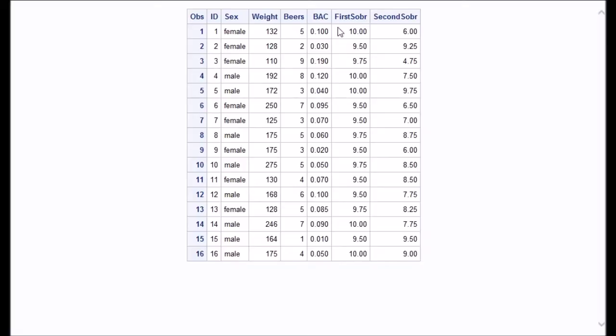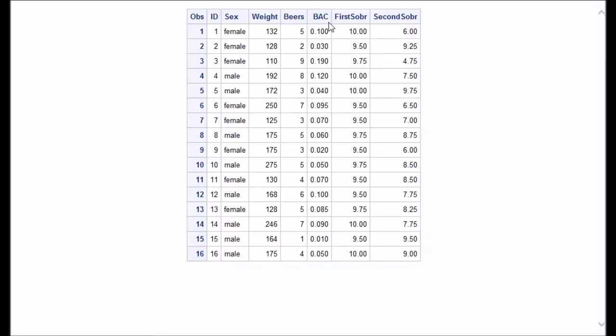Now we're going to focus exclusively on the two variables beers and BAC, and look at how BAC changes as a function of number of beers consumed. We would expect that alcohol consumption would cause blood alcohol concentrations to rise. So beers is a causal or explanatory variable leading to potential changes in the distribution of BAC values.